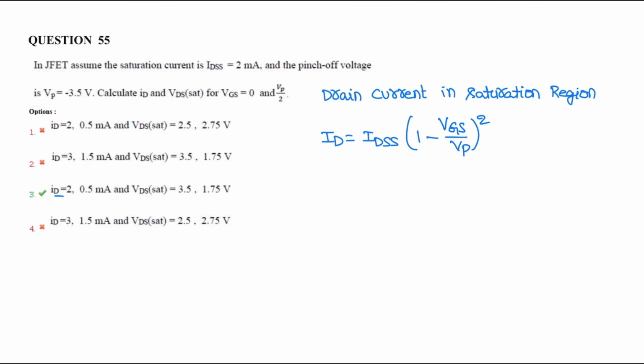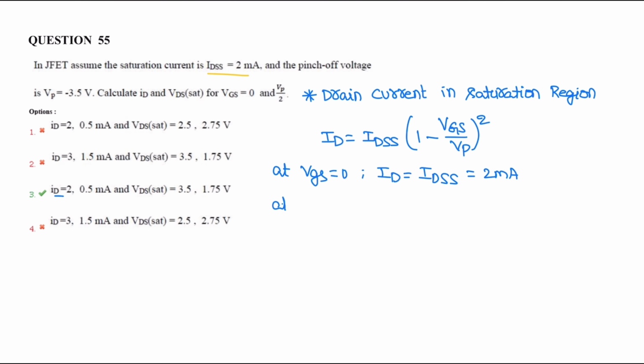Next question. A JFET is given. For the JFET, drain current in saturation is given as ID is equal to IDSS times (1 minus VGS by VP) whole square. So ID is the drain current in the saturation region. Given IDSS is 2 milliamperes. At VGS is equal to 0, ID is equal to IDSS, which is 2 milliamperes.